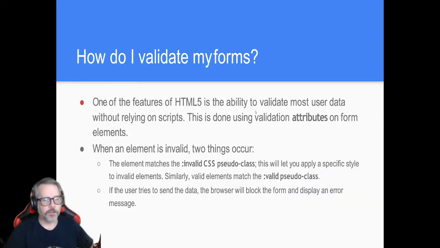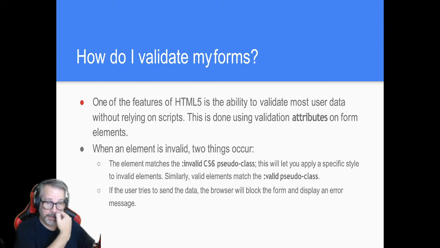So how do you validate your forms? HTML5 is nice in that it has validation built in. Certain input types will have validation built in. But you can let the person know that something is valid or invalid, just if they left it blank, right? You can do that with the invalid and valid pseudo classes.